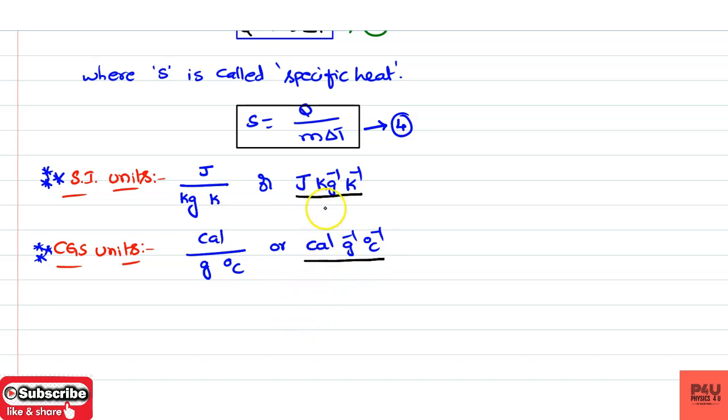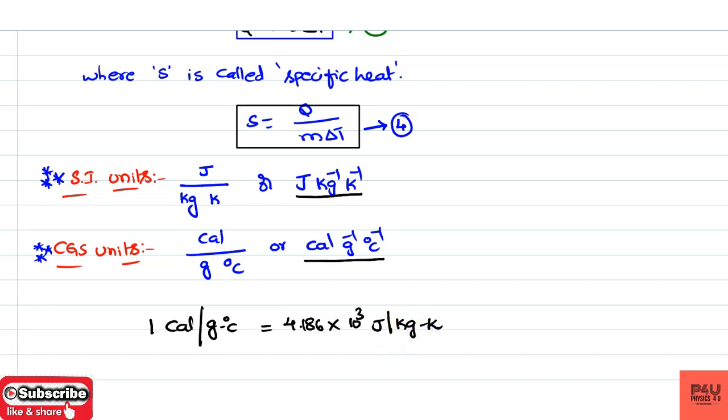And what is the relationship between joule kg inverse Kelvin inverse and calorie per gram degree Celsius? 1 calorie per gram degree Celsius is equal to 4.186 into 10 cube joule per kg Kelvin.